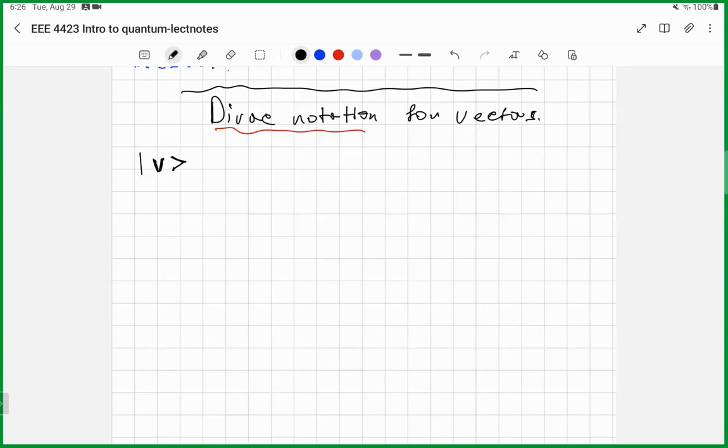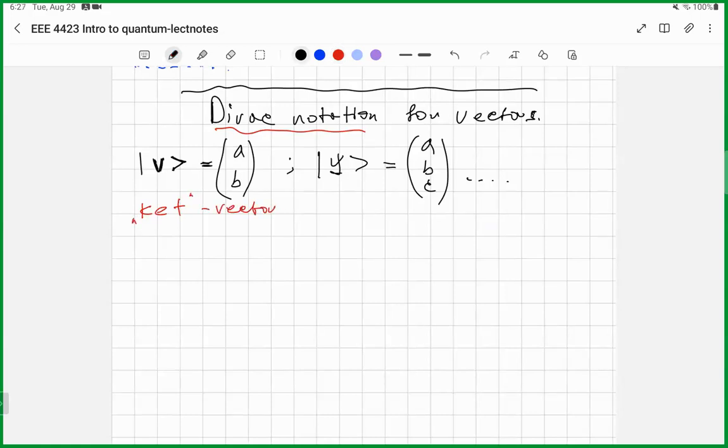So this is the ket vector, and the ket vector denotes a column vector, and in 2 dimensions it would be something like an a, b vector. But of course the vector can be three-dimensional. For example, for another vector like this psi vector, I can write something like a, b, c, and so on. So this is the ket vector.